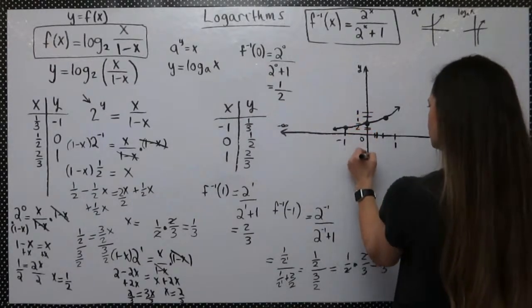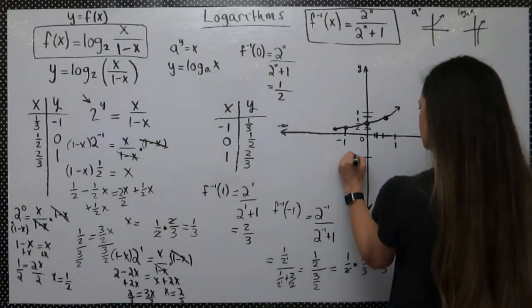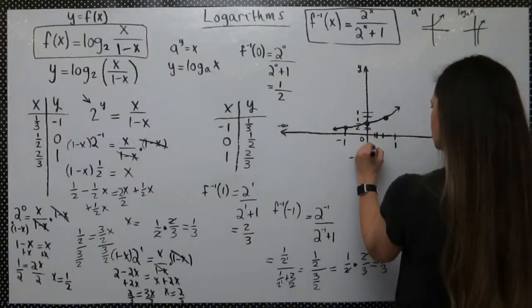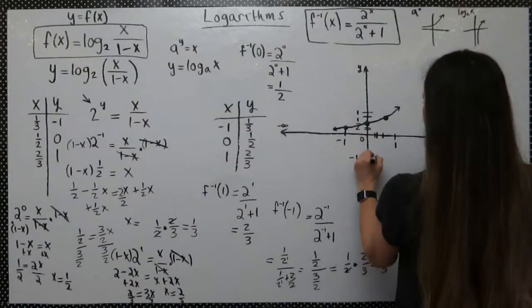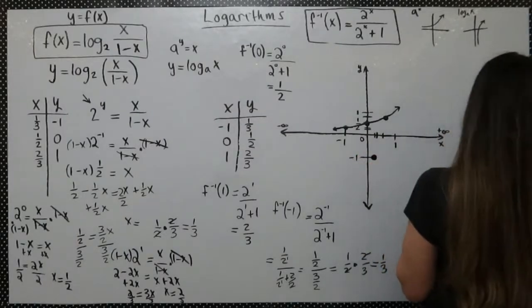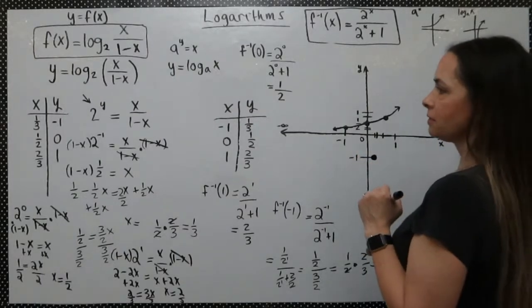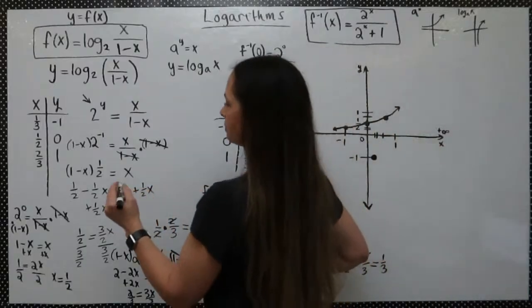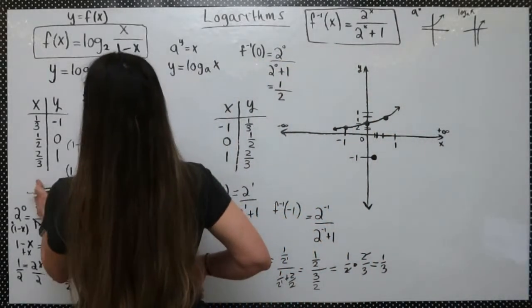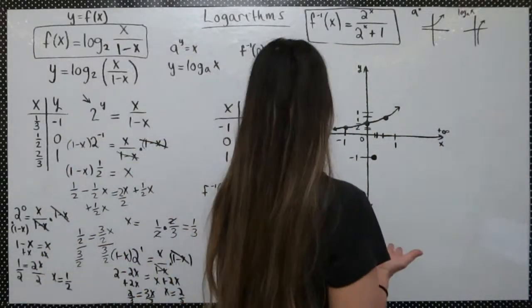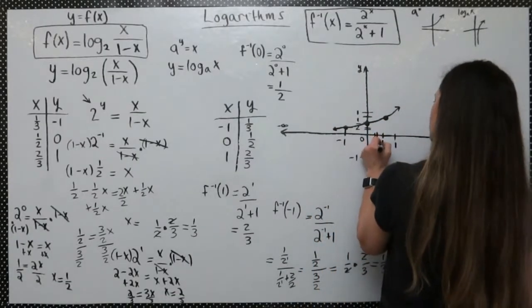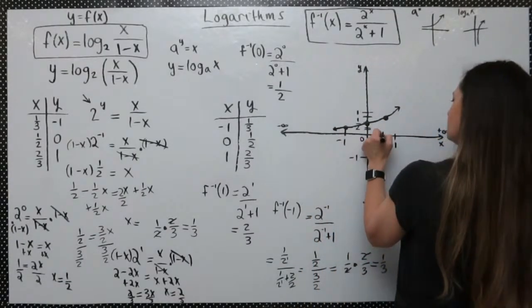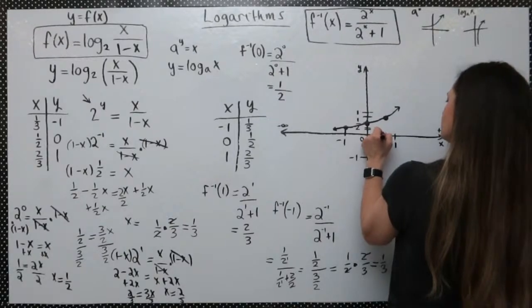So we have that point right there on the graph, just going off of this table here. And so then when x is 1/2, right here, 1/2, we're at 0.